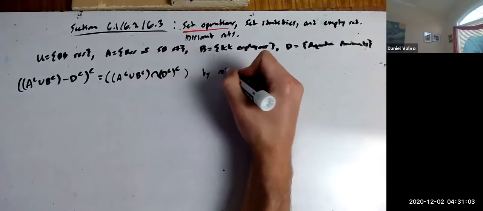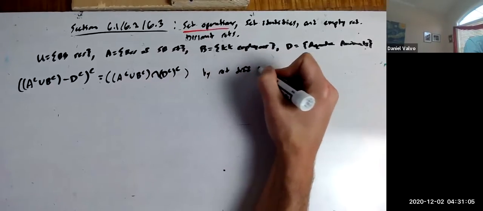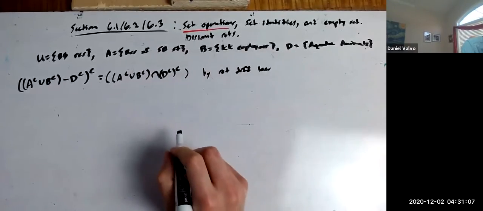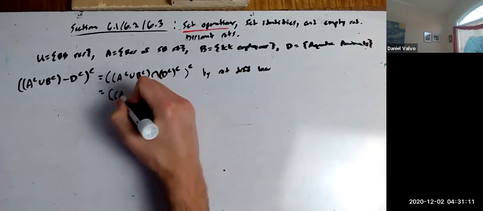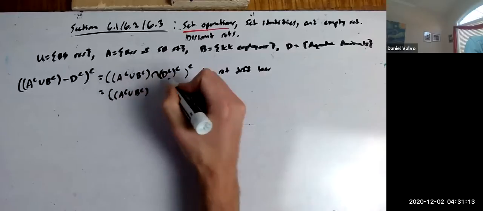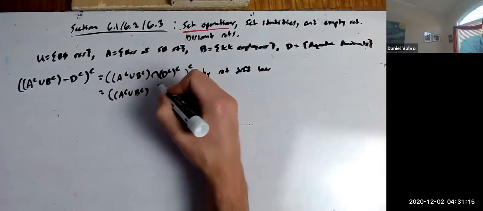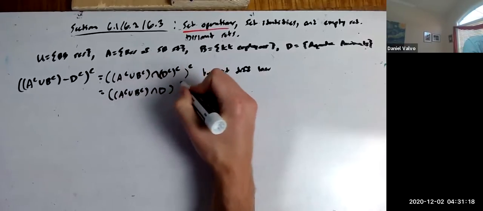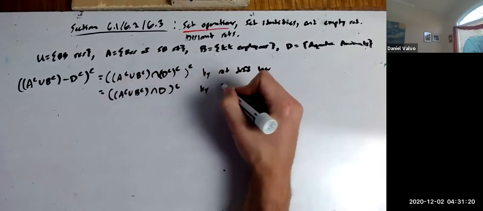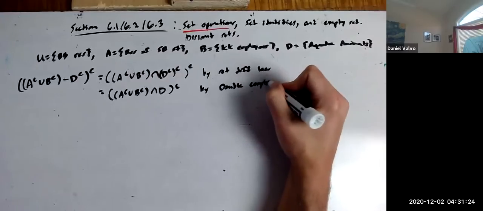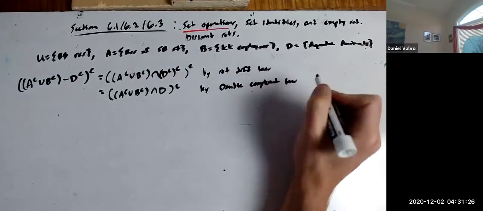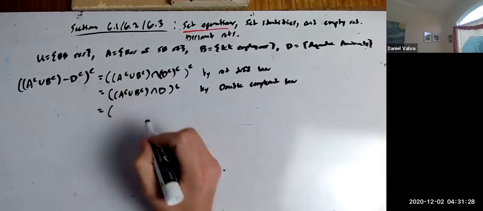And this is by the set difference law. So that complement there. But then A complement union B complement, if we have a complement of a complement, this is just D. They cancel out. And this is by the double complement law, just like the double negative law, or double negation law, whatever it's called.